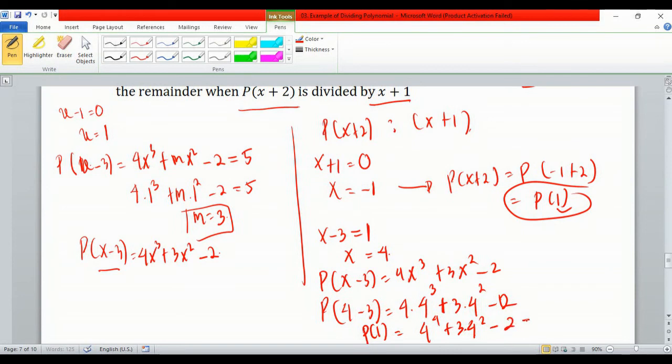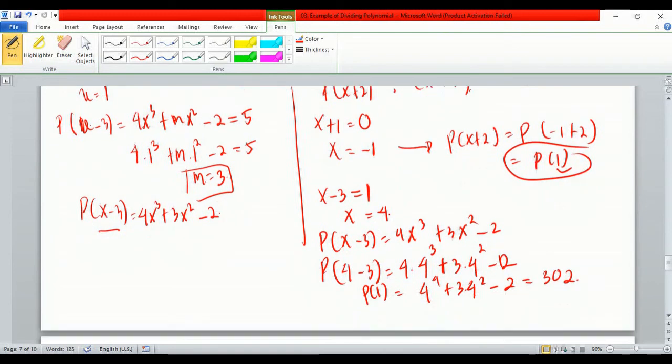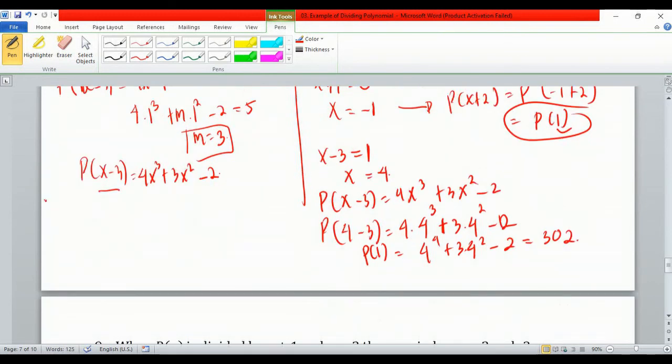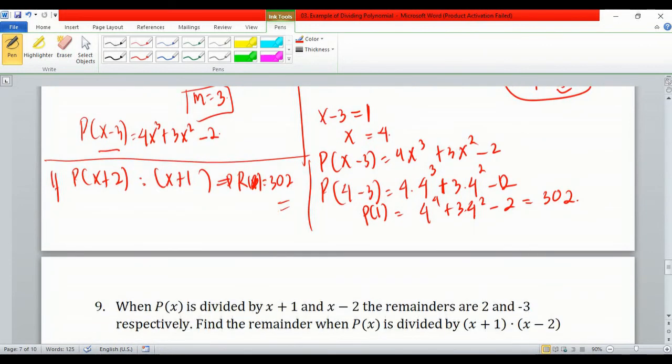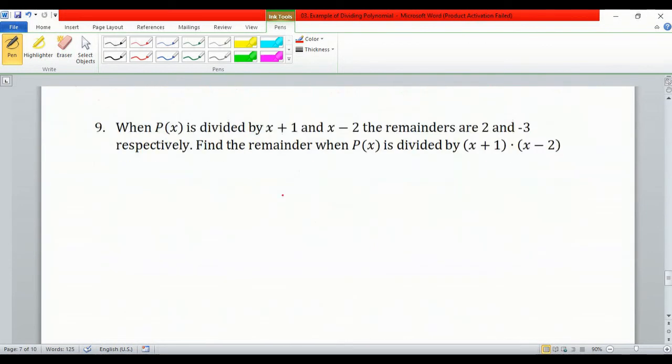So this result is equal to 302. So we can say that if p(x) plus 2 is divided by x plus 1, the remainder is 302. Okay, remainder is 302. I hope you understand. So now let's jump to another example.